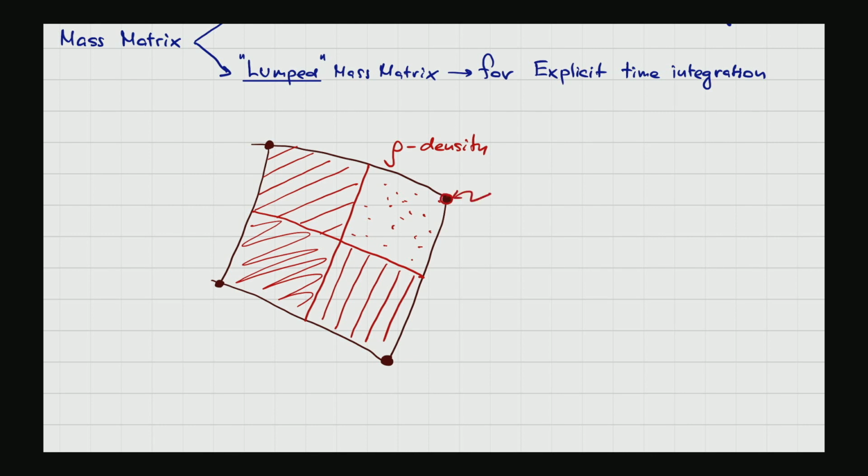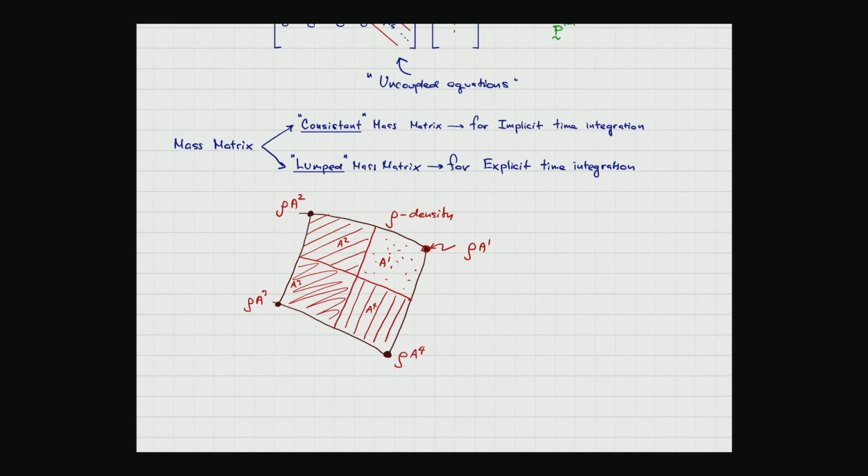So this one has rho A1, rho A2, rho A3, rho A4. The point is that right now we assign this number to the points.